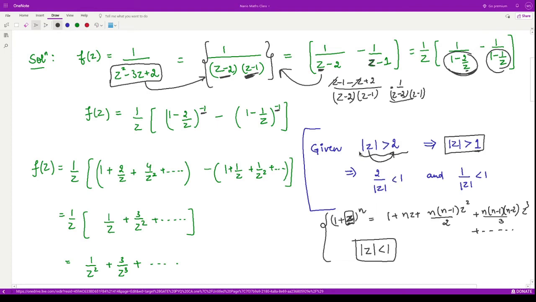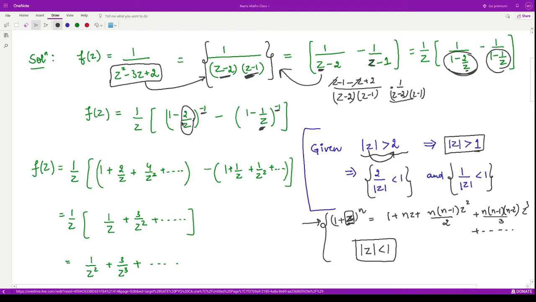Similarly we have done it for the other term, which also comes out to be less than 1. So we can apply this relation onto this term, and similarly for the other term.